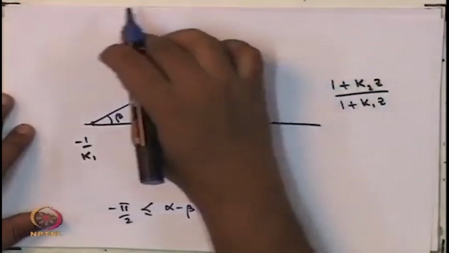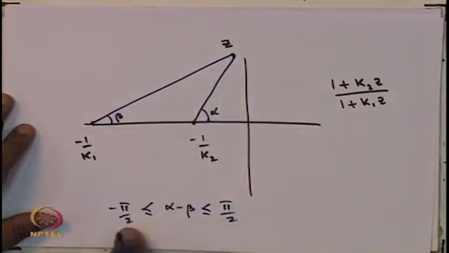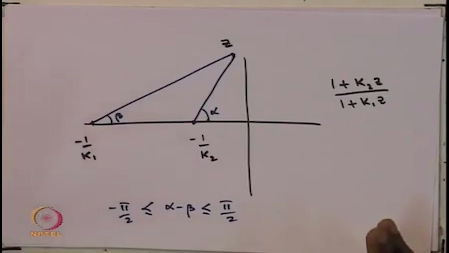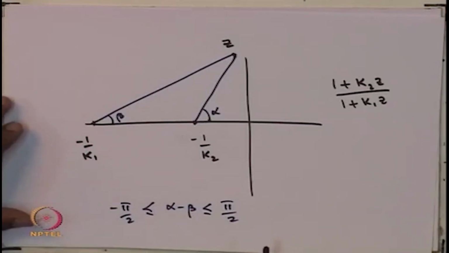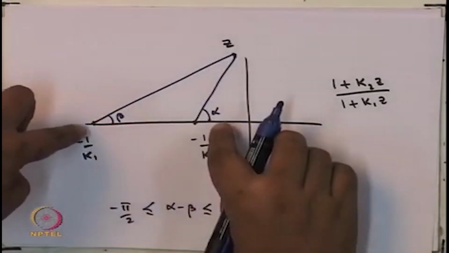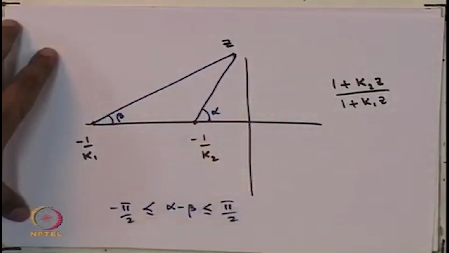So, all the points z such that alpha minus beta is in this range are permissible points where the Nyquist plot of the original plant G s could exist. But now, how do we find all those points where alpha minus beta satisfies this inequality?